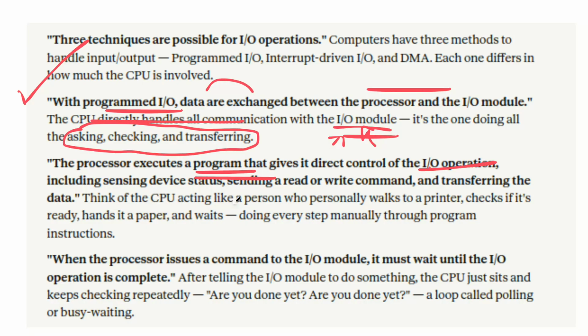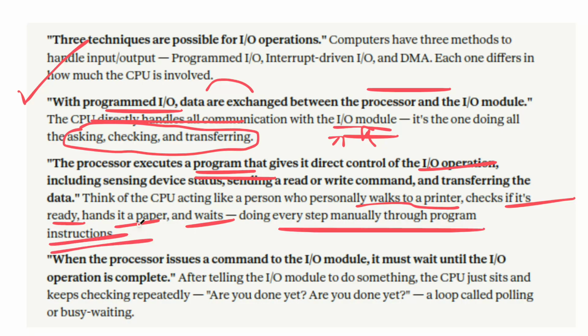Think of the CPU as a person who personally walks to the printer, checks if the printer is ready, hands it a paper, and waits, doing every step manually through a program instruction. The CPU goes to the printer itself, sees if it is ready, puts the paper inside, and waits. Everything is done by the CPU manually, through the program it is executing, which gives it direct control of the IO operation.